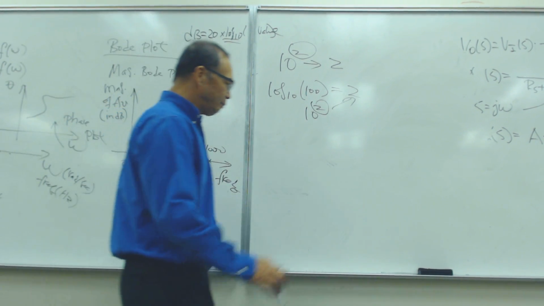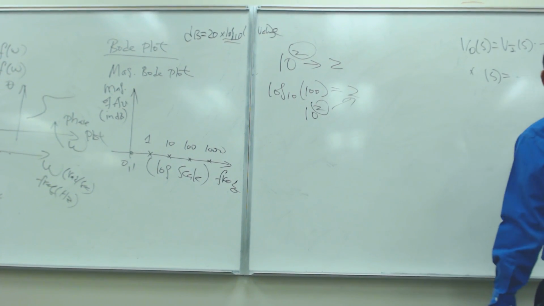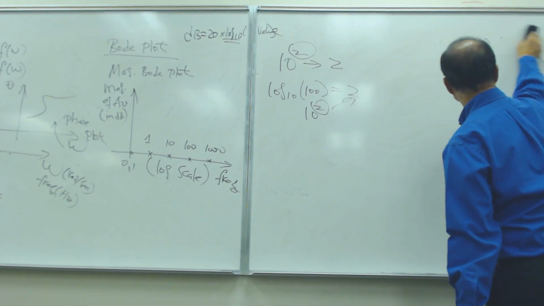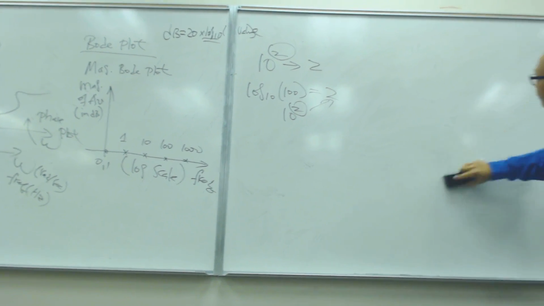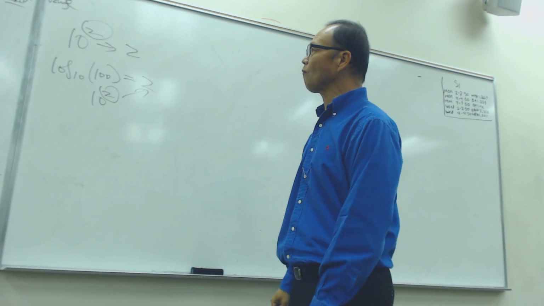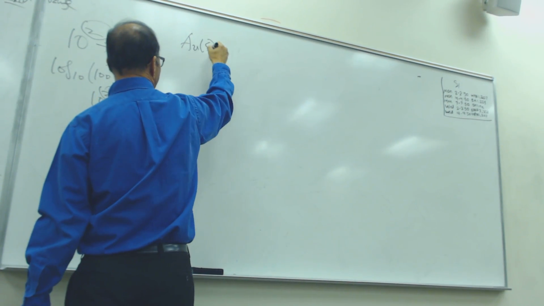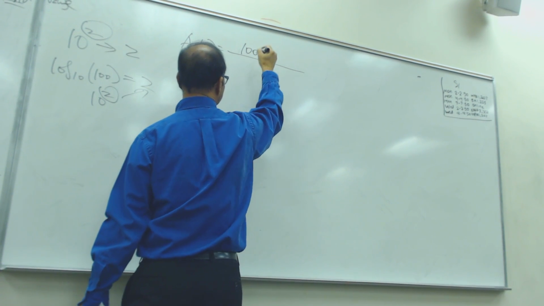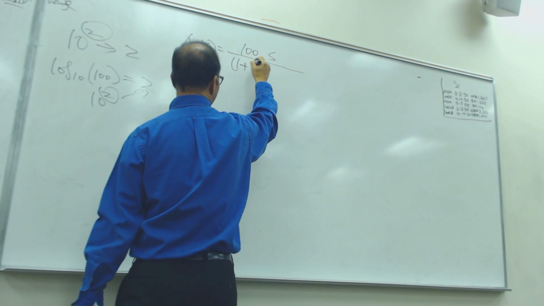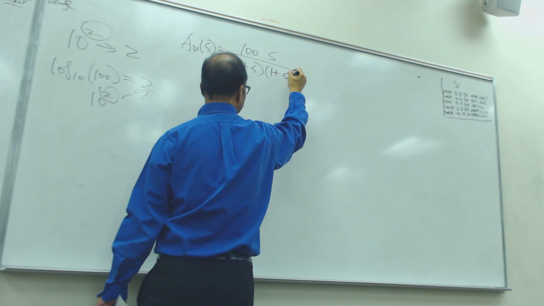Okay. So let me review the Bode plot. I don't think I can finish it today, but let's talk about a few examples. Let's say your A sub B in the S domain is equal to the following, okay? 100S over (1 plus S)(10 plus S).